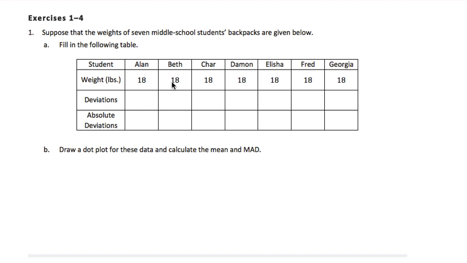First, since all of the backpacks have exactly the same weight, we could add them all up, 1, 2, 3, 4, 5, 6, 7 times 18, and then divide by 7, but we would find that we get 18 as the mean because there is no variability. So our deviations for each of them are 0, and the absolute value of 0 is 0. So the rest of our table is going to be filled with zeros.